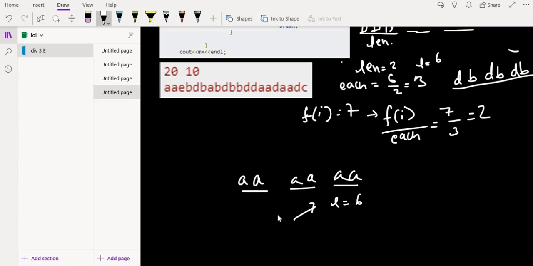Now to meet this condition, I have used each. So how many characters can we place?